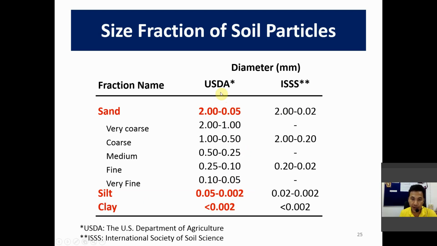You can see that different systems differ just in this spot. Basically, the silt particle will be different among the different systems. I just want you guys to keep in mind that this is really important to remember.